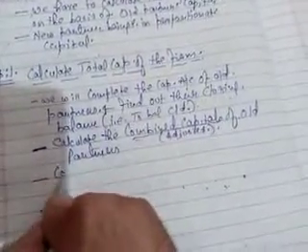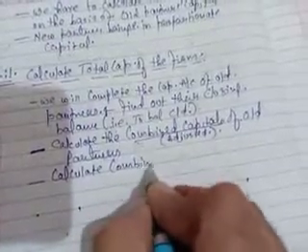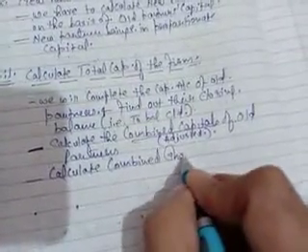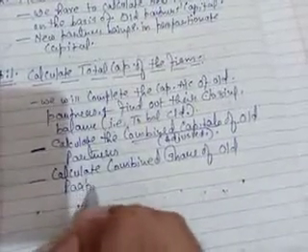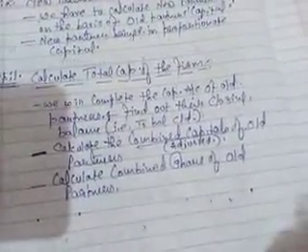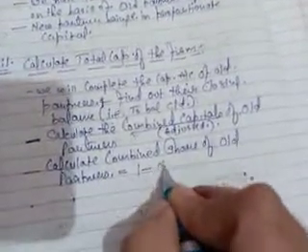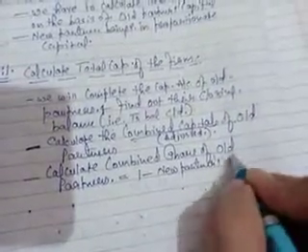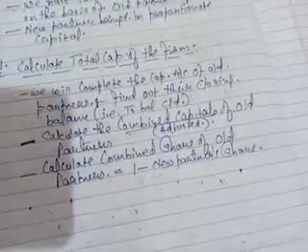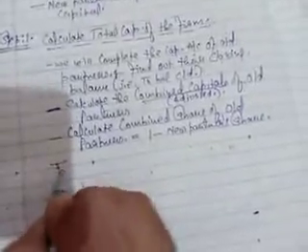Next, calculate the combined share of old partners. How will we find out the combined share of old partners? It will be 1 minus the new partner's share. Is it okay? 1 minus the new partner's share. Now we can calculate the total capital.